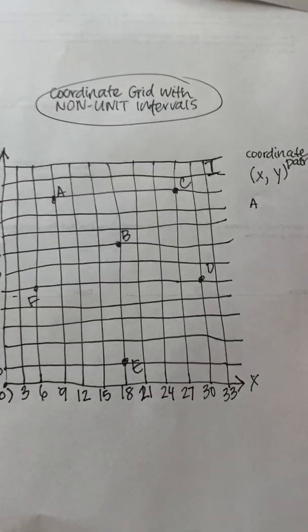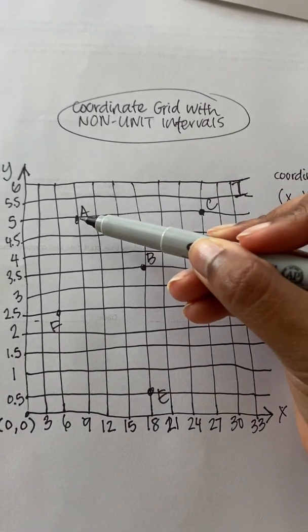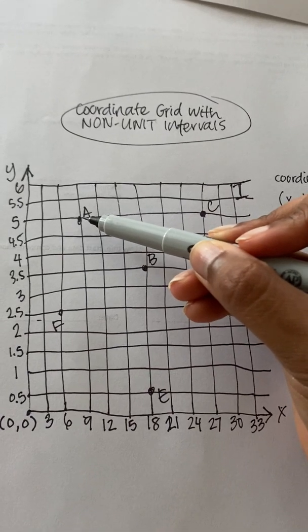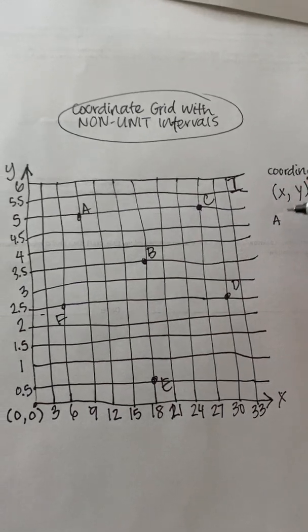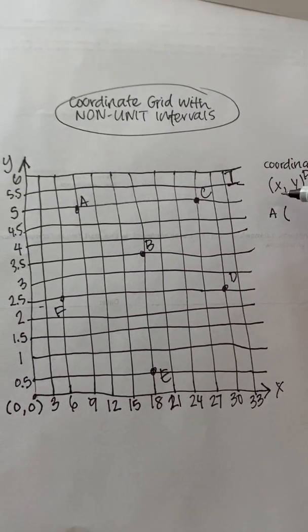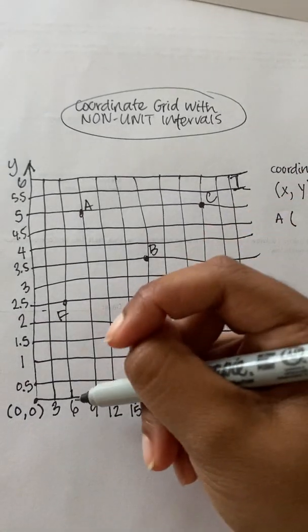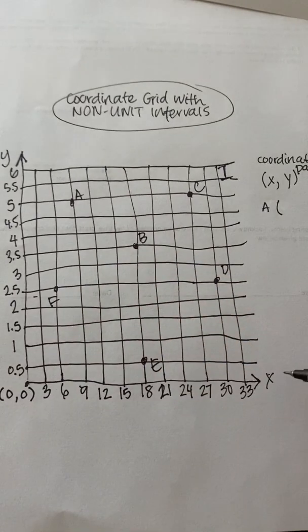So for point A, I have to figure out what location or what coordinate pair does point A have. Okay, so let's always do, remember, open parentheses, sorry, and then the x coordinate. That means what number is this A falling on in the x-axis?